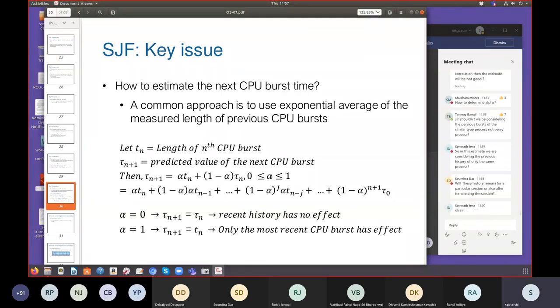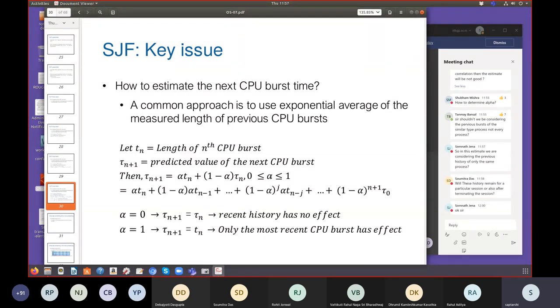Shomitra has another question. Will the history remain for a particular session or also after terminating the session? I get very much afraid when new terms are introduced. Now, what is a session? Unless really necessary, I don't introduce new terms.